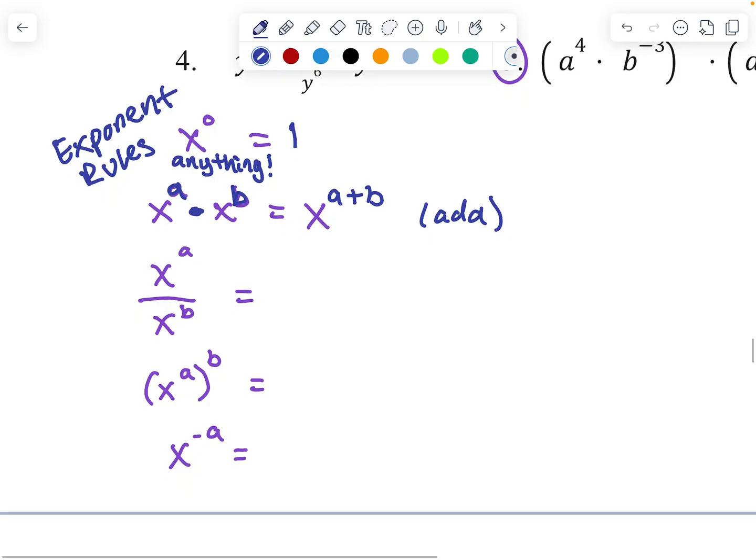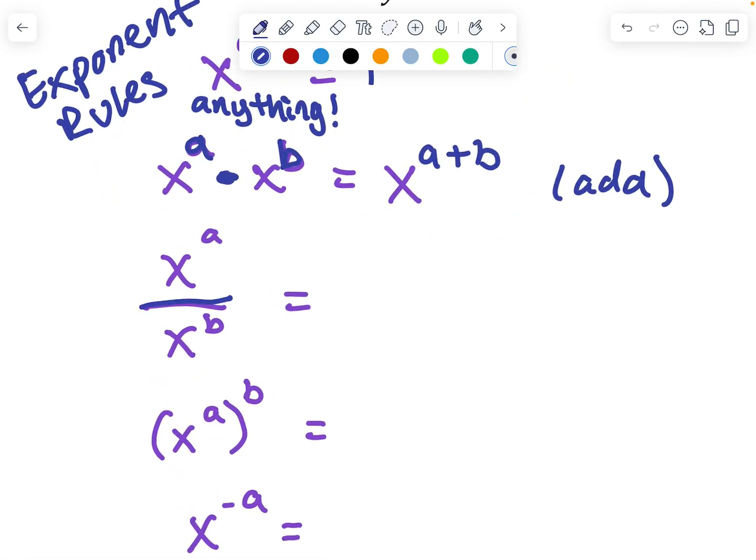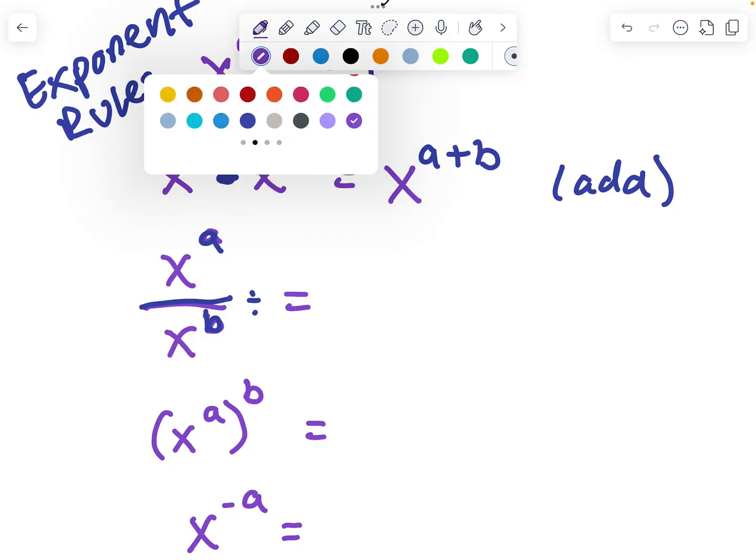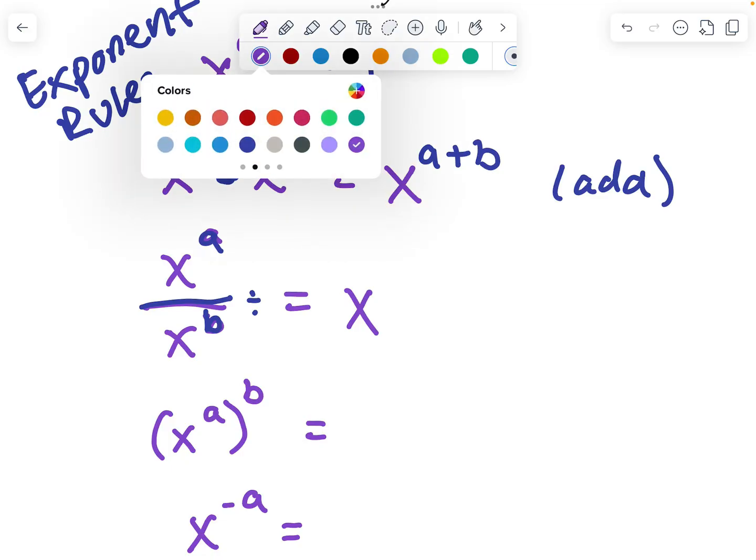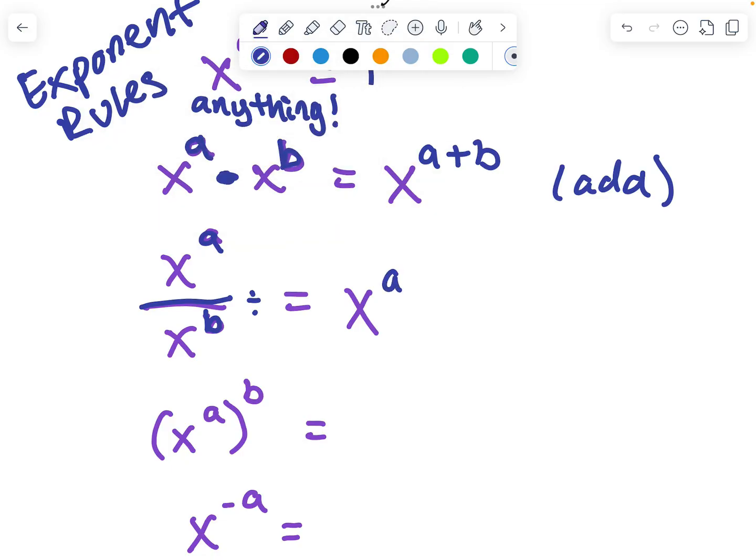Then for division, when we are dividing two exponents, okay, this little fraction bar means division, we are allowed to subtract the exponents. Okay, so we would have x to the a minus b. This is subtracting the exponents.